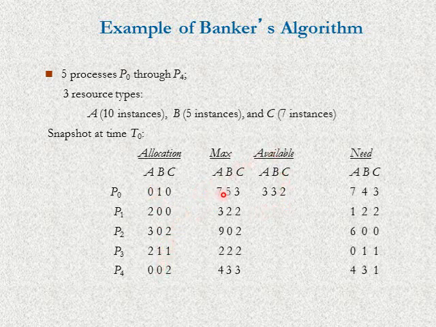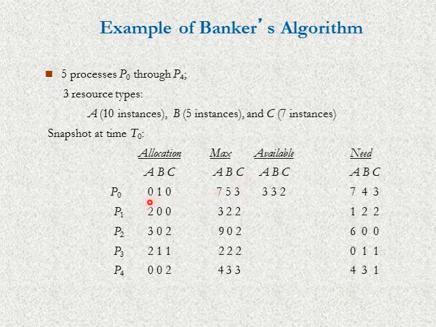And from this maximum and allocation, we can generate another matrix, the need matrix, by subtracting allocation from the maximum matrix. You can see that for P naught, the maximum requirements were 7, 5, and 3: 7 instances of A, 5 instances of B, and 3 instances of C.